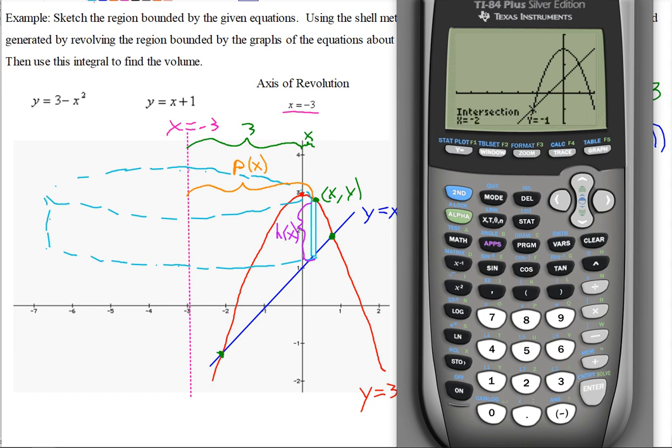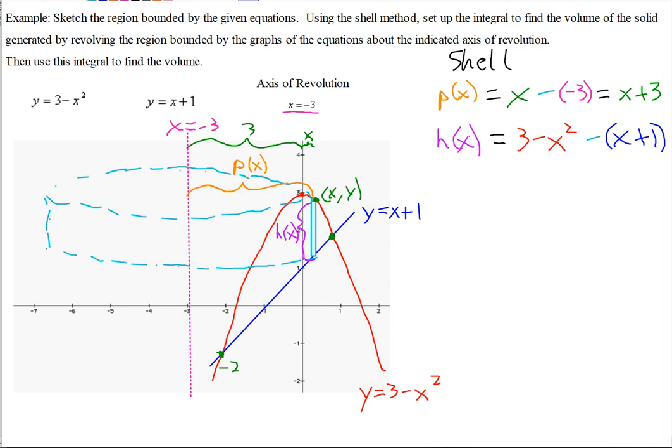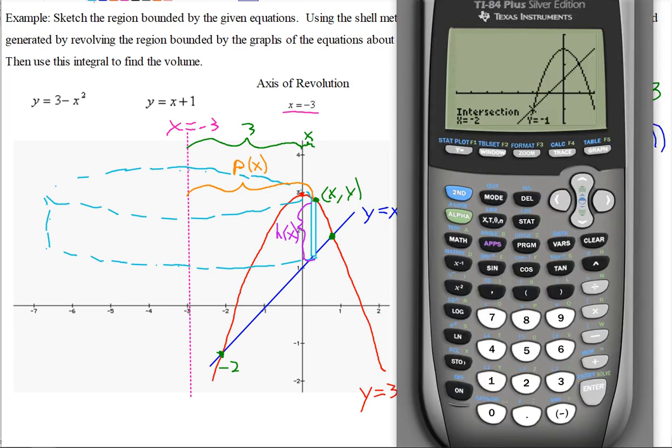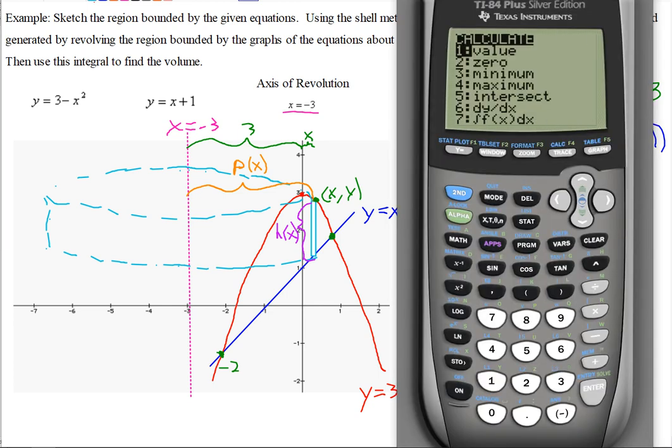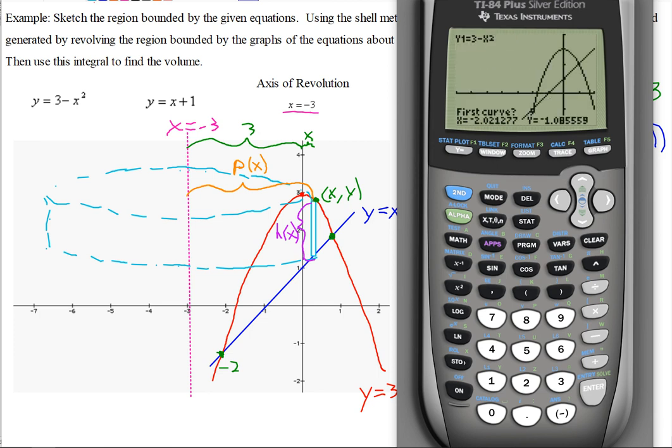That's why we could have done this without our calculator by setting these equal to each other to figure out where they intersect. So when it's just negative 2, we don't really need to store that as a. And same thing on the other one. Second calc, intersect. First curve enter, second curve enter. You can just type in a guess. I'm going to guess this one's at 1. Hit enter. And it is exactly 1. So again, we don't need to store that.